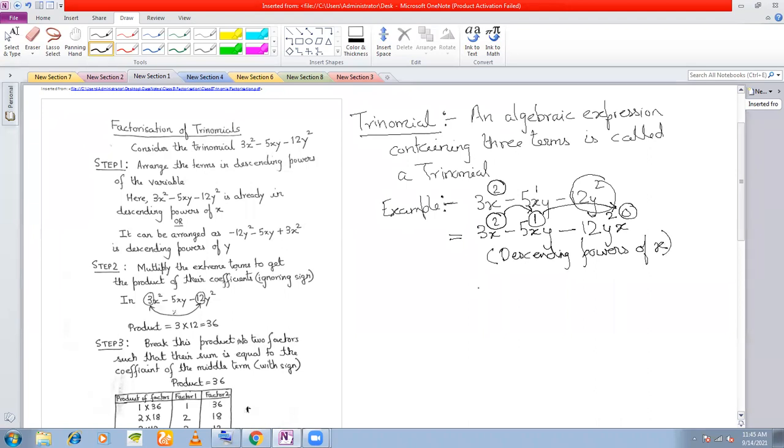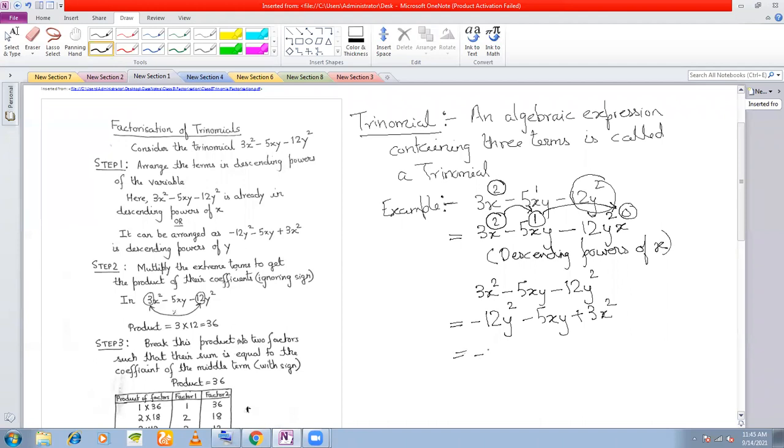Otherwise, you can also see it this way, that 3x squared minus 5xy minus 12y squared can also be written as descending powers of y. How can this be written as descending powers of y? You can write minus 12y squared first, minus 5xy you write as it is, and plus 3x squared you write here.